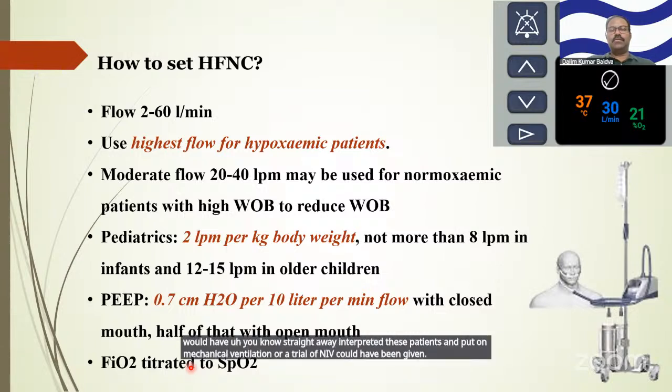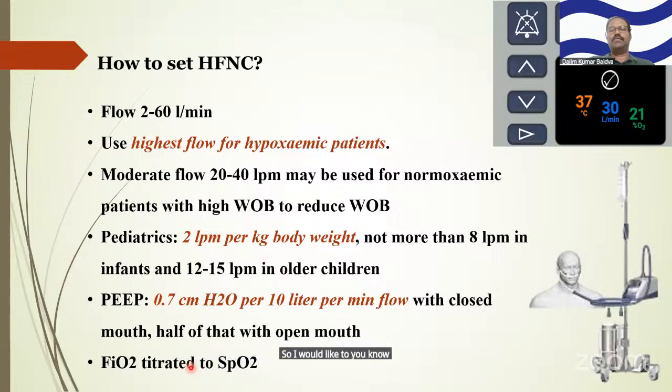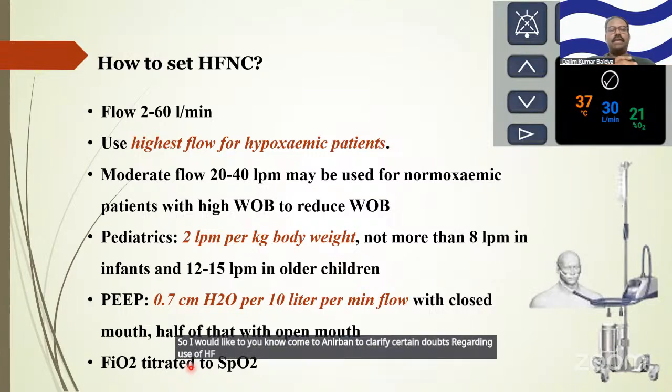So I would like to come to Anirban to clarify certain doubts regarding use of HFNO versus use of NIV in certain situations, number one. And number two, when do you consider upfront intubation, or intubation after a period of observation when you put the patient on HFNO?